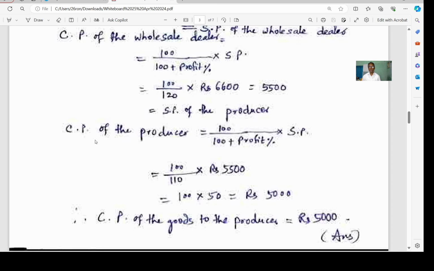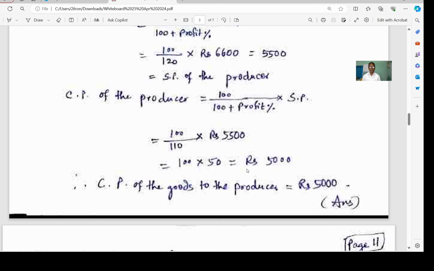Cost price of the producer is equal to 100 by 100 plus profit percent multiplied by SP. This is equal to 100 by 110 multiplied by 5,500, and this will be equal to rupees 5,000. That means the cost price of the goods to the producer is 5,000, that is, the manufacturing cost to the producer.